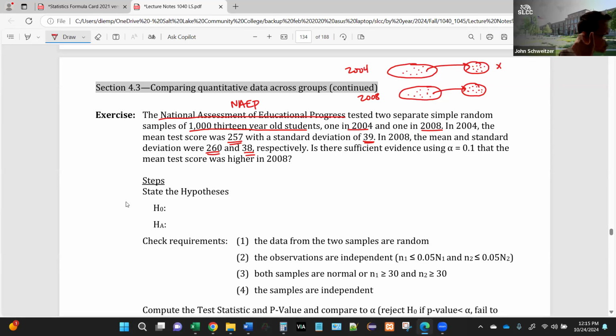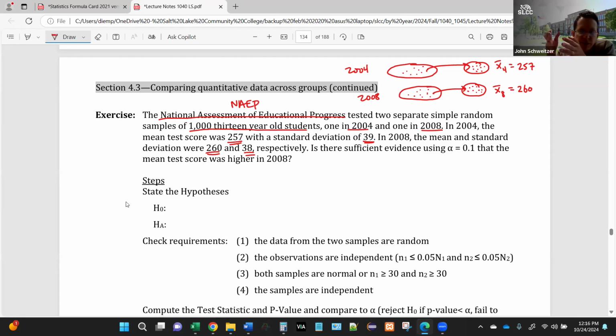And so what label should we use on the subscripts? I'm thinking we'll just use a single digit there. So we'll have the X bar from '04, we'll have the X bar from '08, right? And so in 2004, it was 257. In 2008, it was 260. Okay.